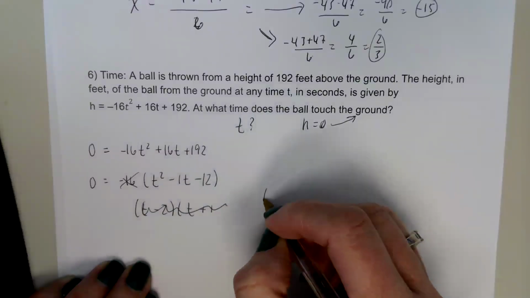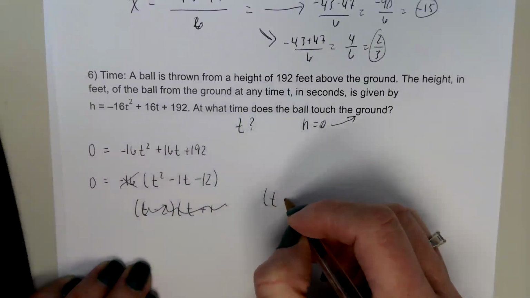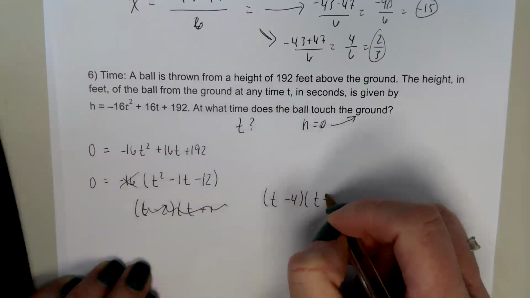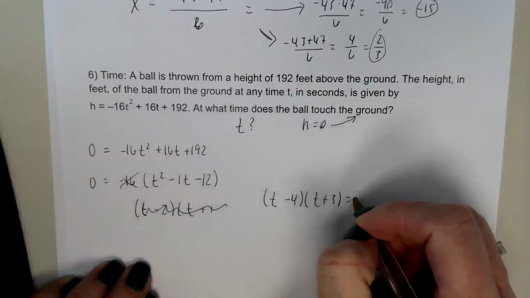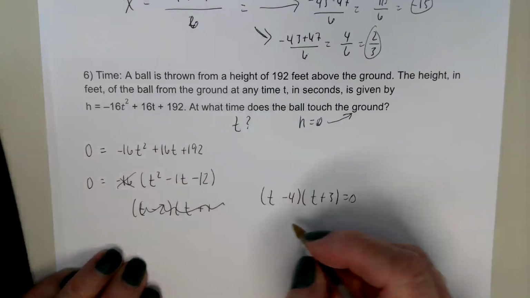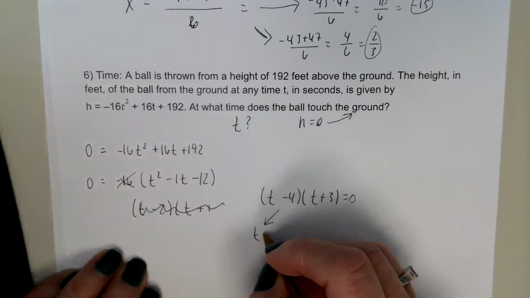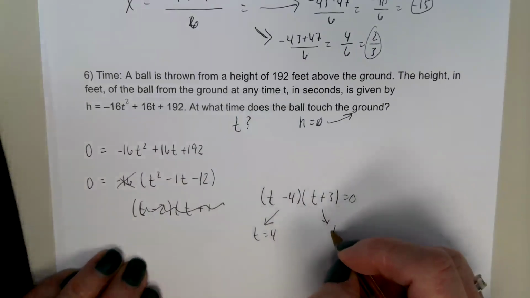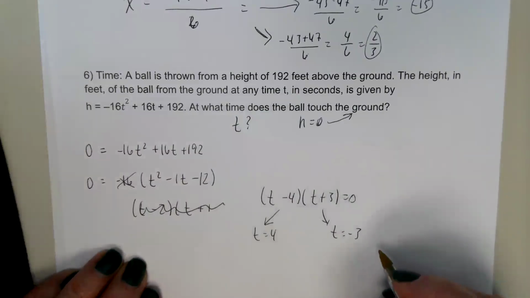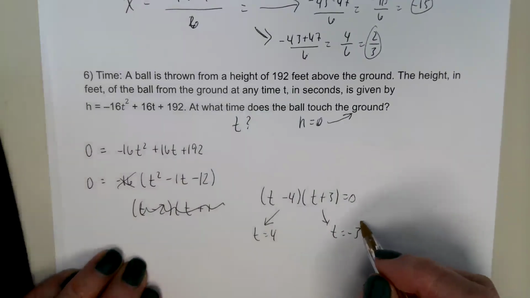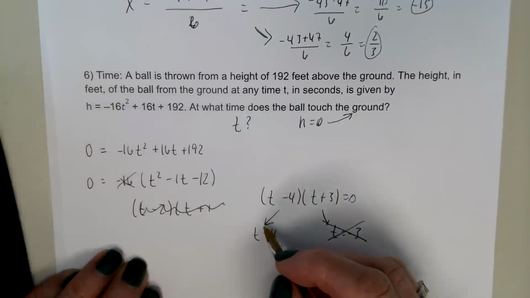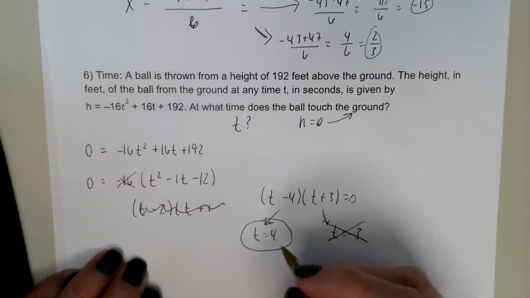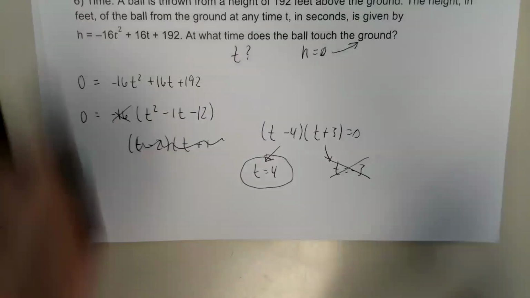So that factors into t minus 4 and t plus 3 equal to 0. Sorry about that. Then this one becomes t equals 4, and this one becomes t equals a negative 3. And we can't have time as a negative, so it's 4 seconds until it touches the ground.